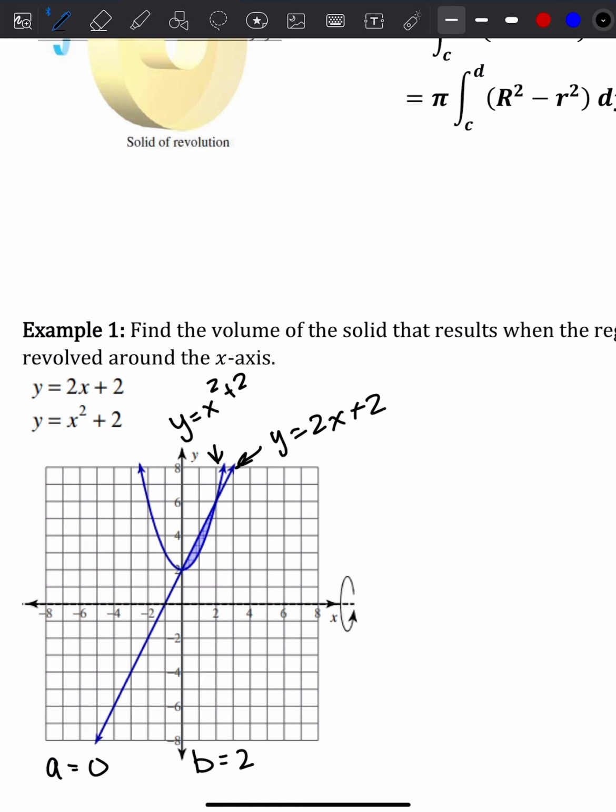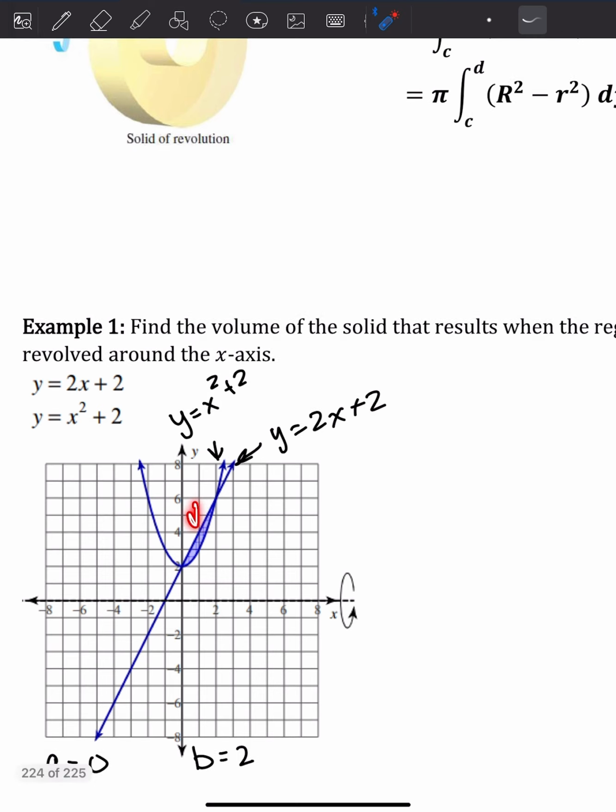If we were to rotate this around the x-axis, this piece down here is going to be the inside of our disk. This side over here is going to be the outside of this disk. I can tell because it is the top of our two functions.